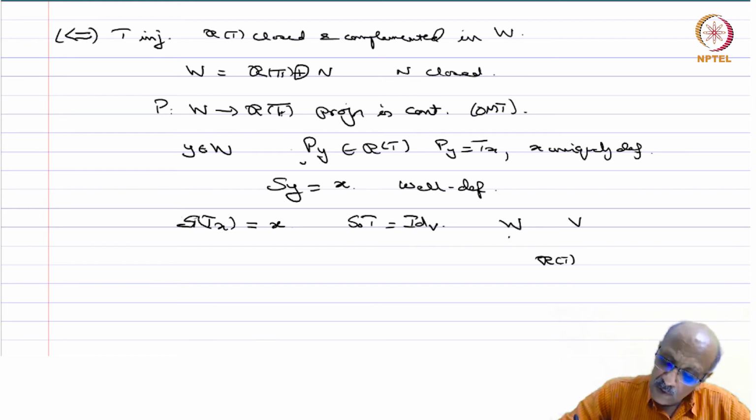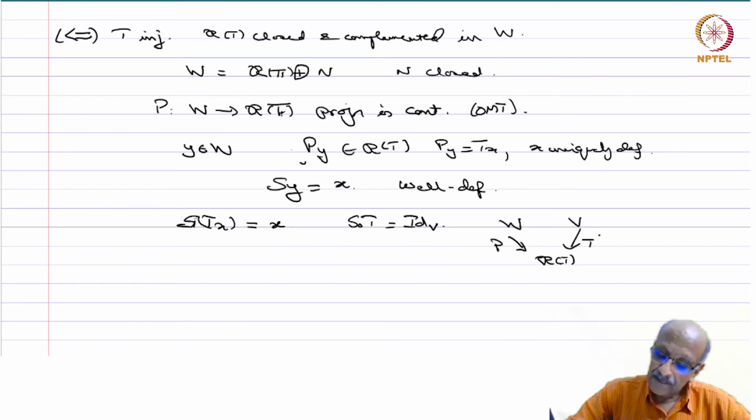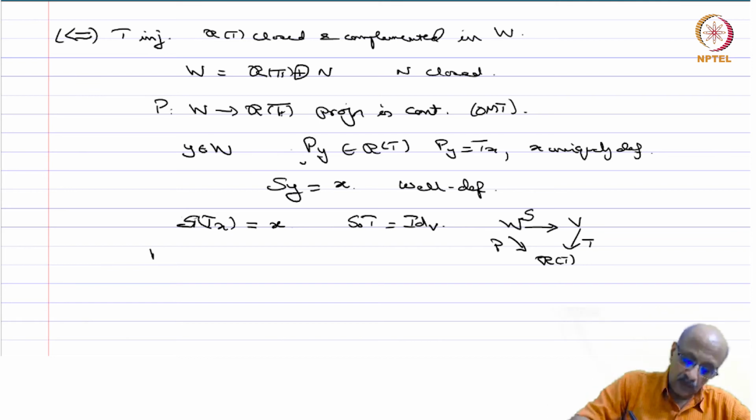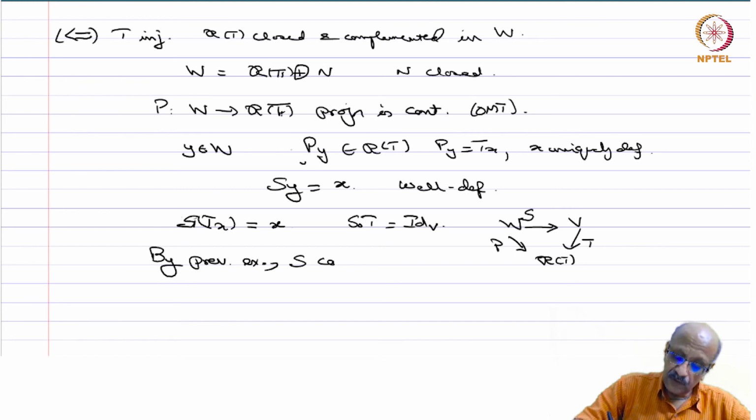From W to the range of T you have the map P, and from V to the range of T you have the map T, and S is the unique x such that Tx equals Py. That's exactly the previous problem. So by the previous exercise, S is continuous and therefore we are done.